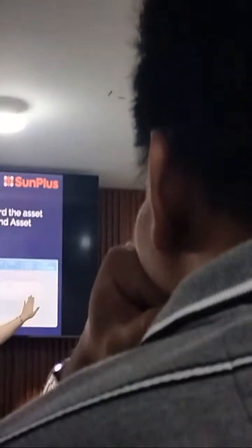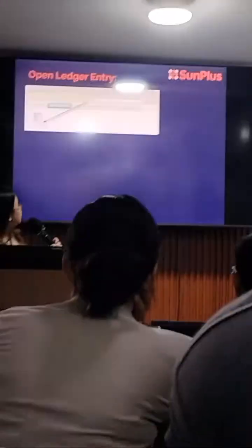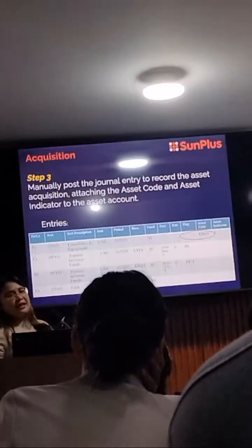Okay? Okay na? I heard a question. Pwede ba ito sa lecture before? Yes. Di ba nag-map tayo ng asset code and indicator earlier? So, that means pwede natin yan ipasok. Okay. So, what this does, this entry, okay, you go to ledger entry, okay?